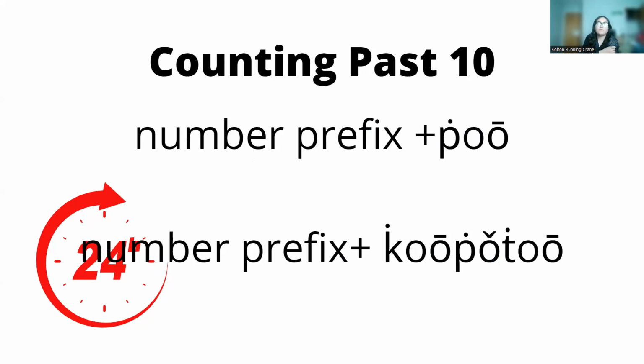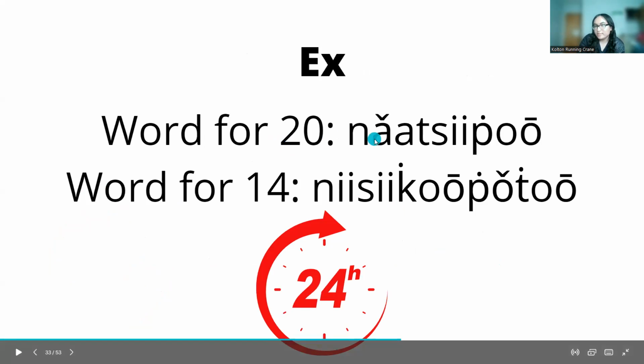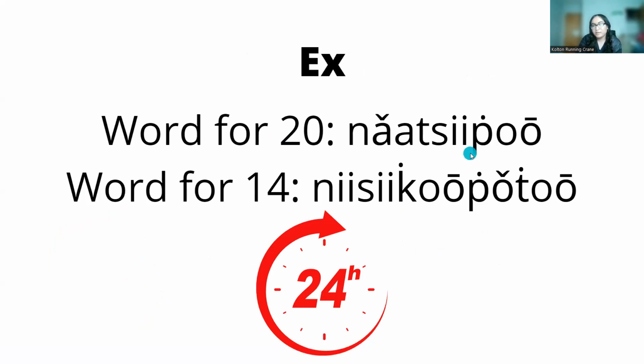So when you're saying 24 in Blackfeet, you are essentially saying 20 and 4 more than, which would be natsipu nisikuputu. If it helps, you can break it apart into 2. You can look at the word for 20, natsipu, and the word for 14, nisikuputu. And so to say 24, you say natsipu nisikuputu.